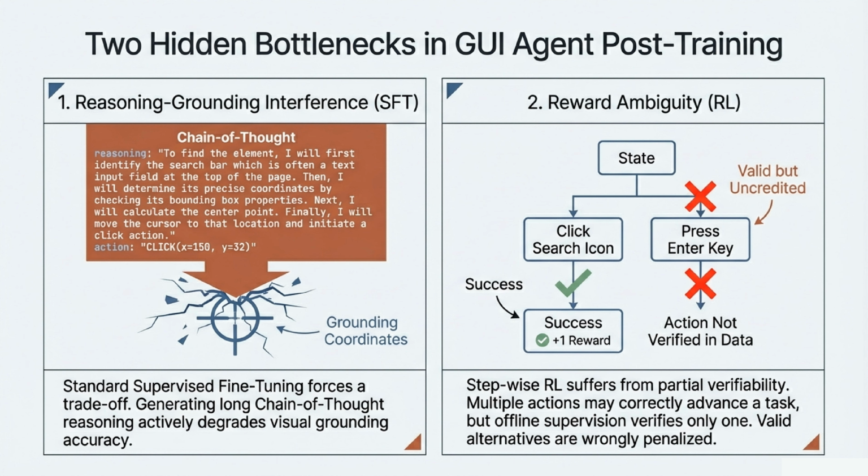The second bottleneck occurs during reinforcement learning, or RL, and we call it reward ambiguity. Stepwise RL suffers from partial verifiability. In a GUI, multiple actions might be correct, but our offline data only verifies one specific path. So, if the model takes a valid alternative action, it goes uncredited and gets wrongly penalized.